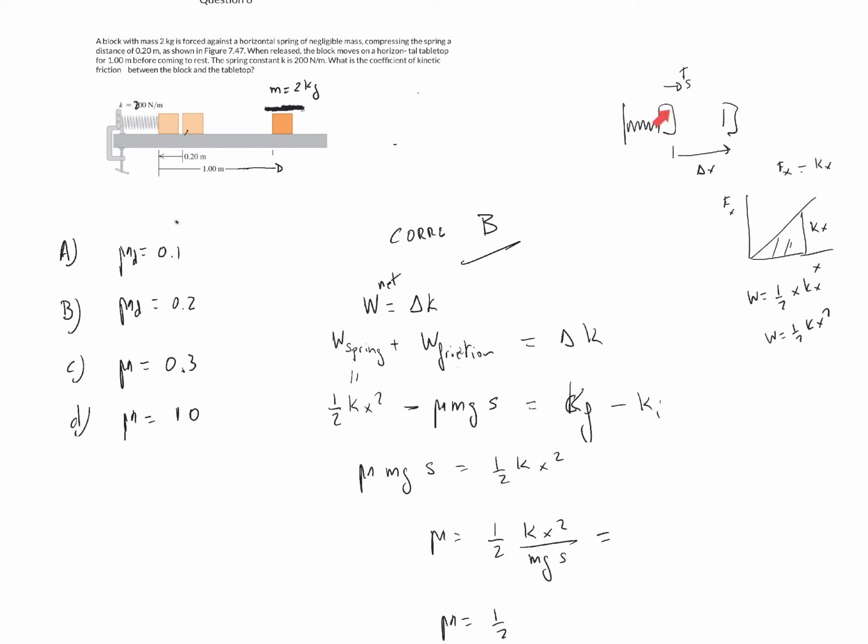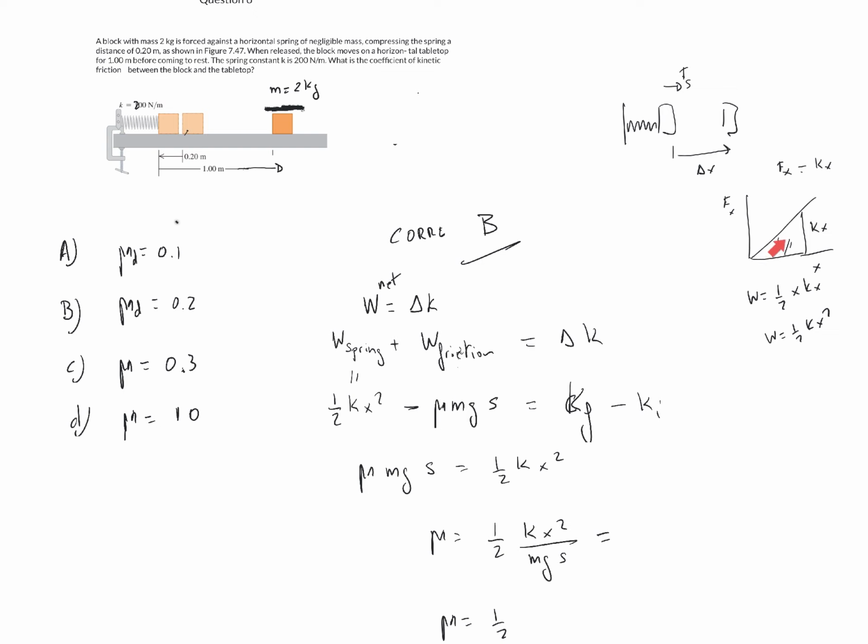The work done by the spring, the force of the spring, will be kx. Indeed, the force is minus kx, but because it was compressed, it was on the left side, the force is going to the right. The force and the displacement are going in the same direction, so the work is positive.